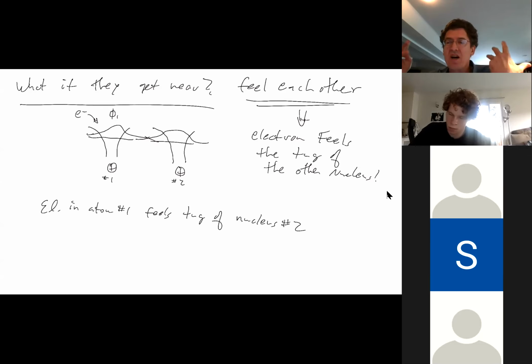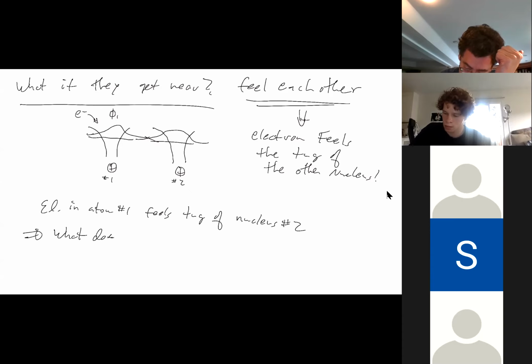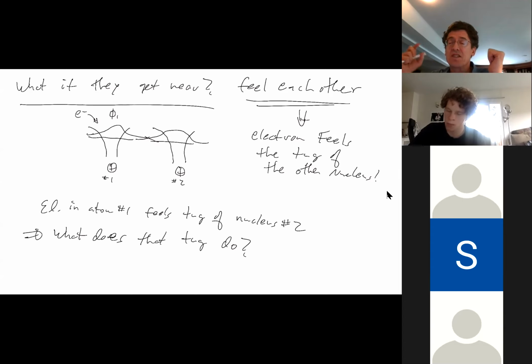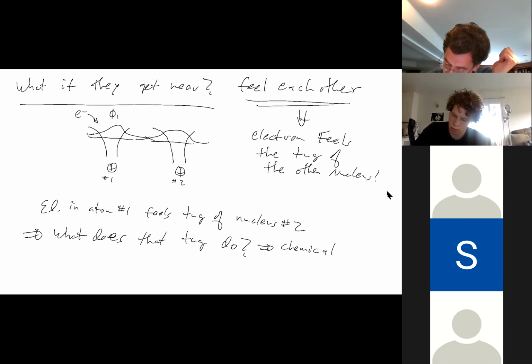What is the effect of that tug? The answer is that the tug causes chemical bonding to occur. That is the origin of chemical bonding.